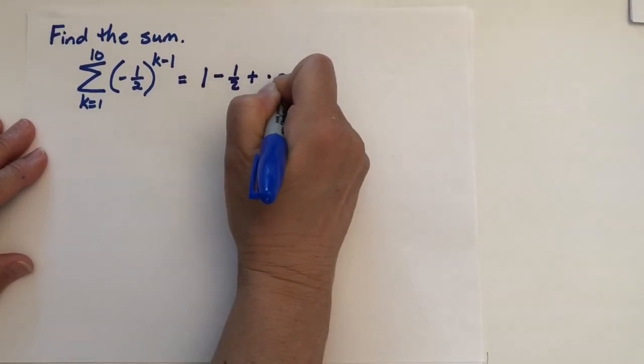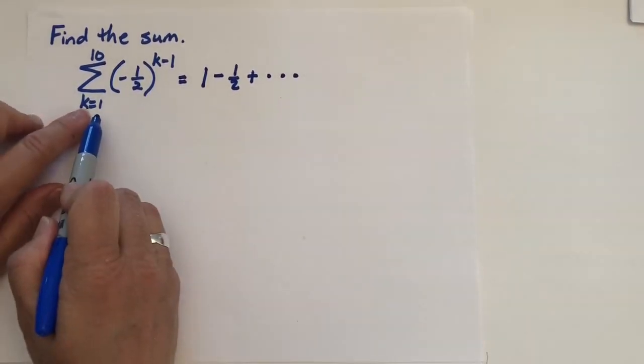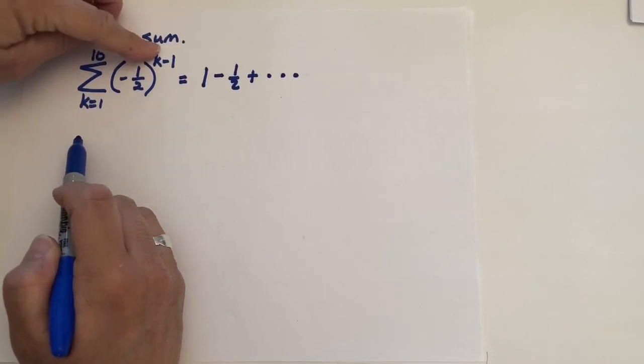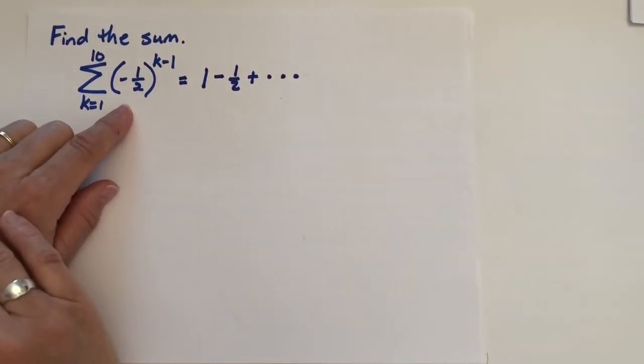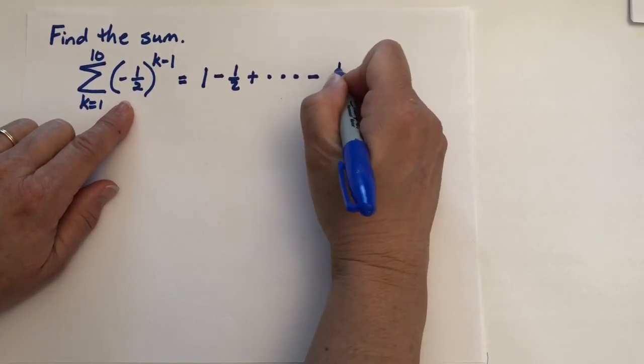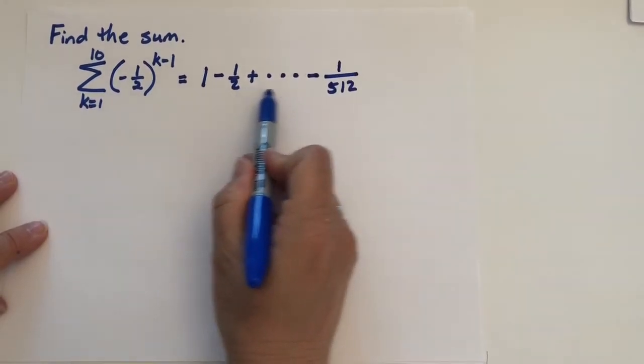And continue. And finally, we would substitute in k equals 10. 10 minus 1 is 9. And if you raise -1/2 to the 9th power, you'll find that you get -1 over 512. So this is what we're trying to add together.